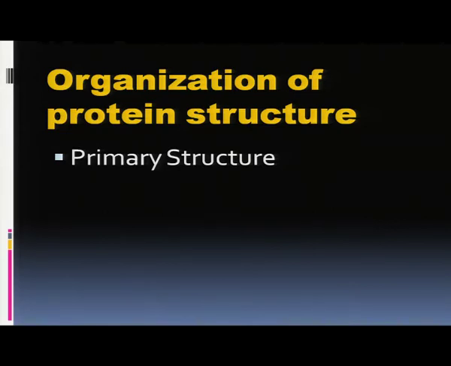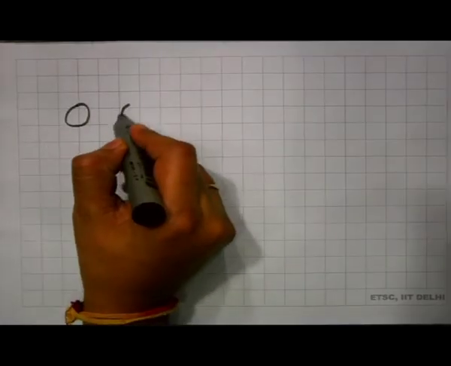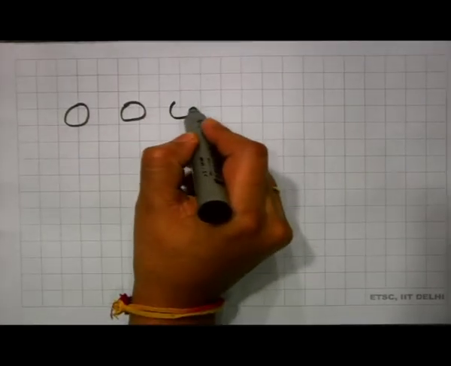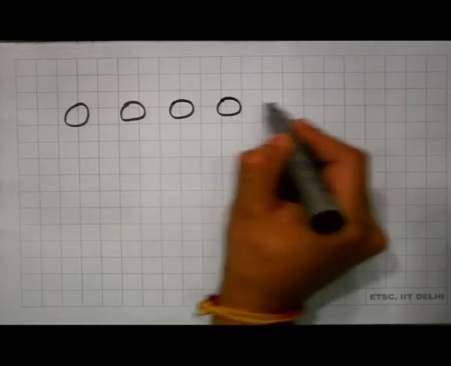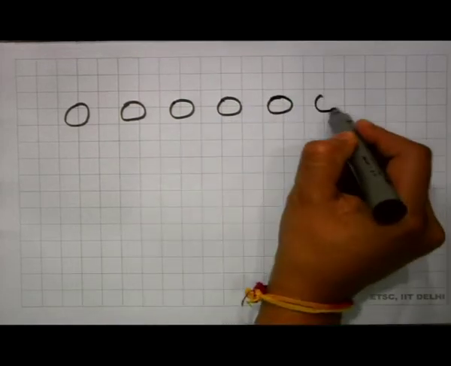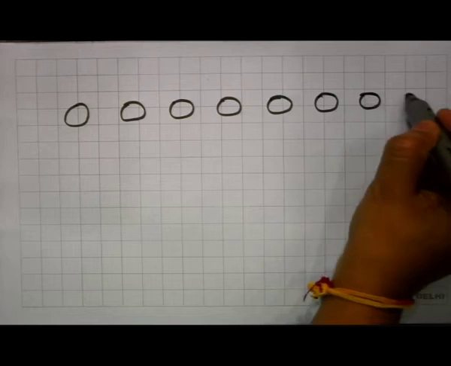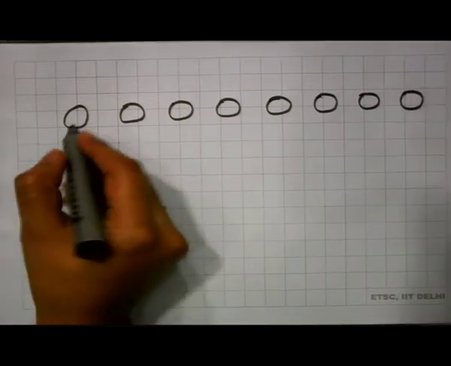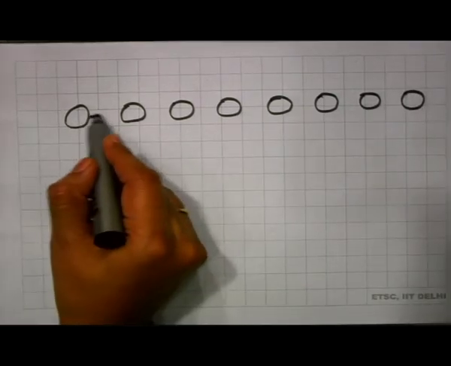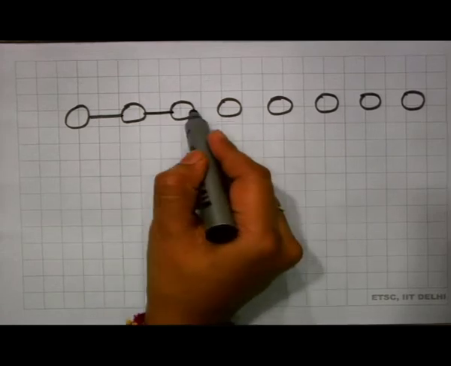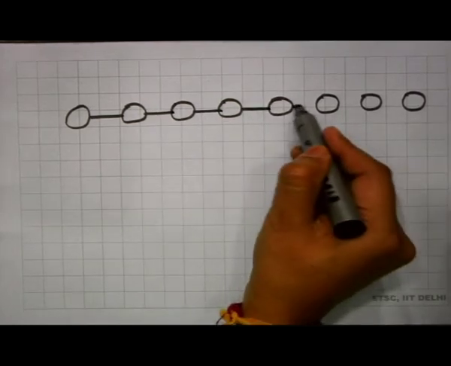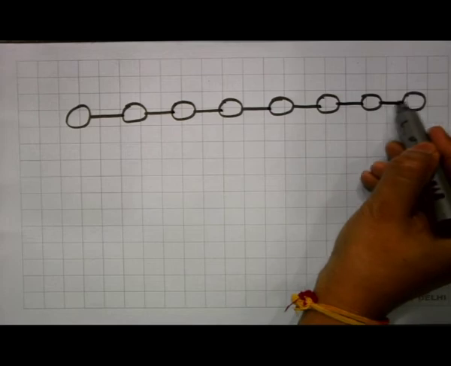In case of primary structure, the amino acids are combined together to form a linear structure of chain with the help of a bond which is called a peptide bond.